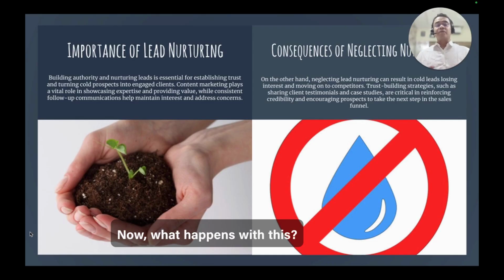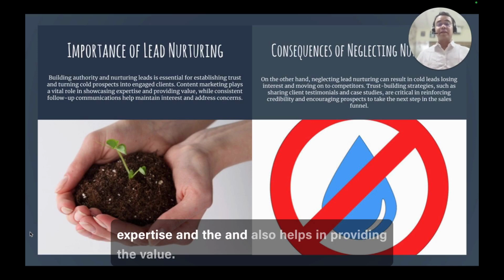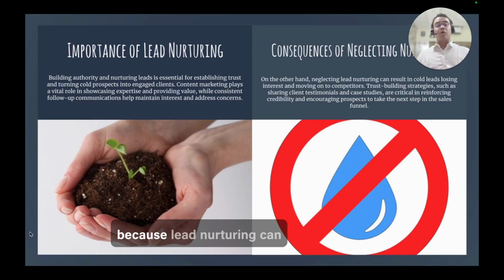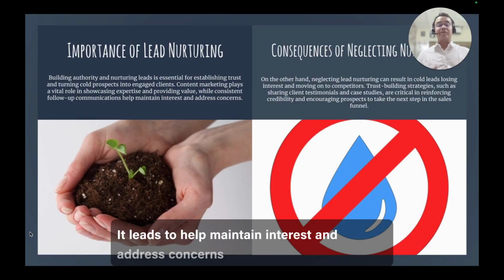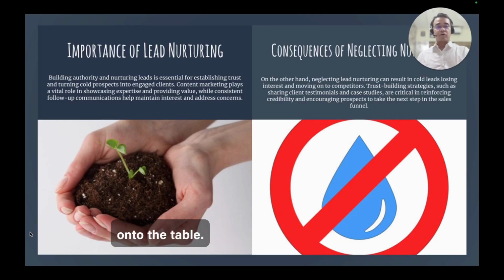It plays a very significant role in showcasing expertise and also helps in providing value. And this is very important because lead nurturing can only happen with certain ground rules or disciplines set in the organization, such as consistent follow-up communication. It helps maintain interest and address concerns that an organization might have towards a service provider or solution provider that brings value to the table.